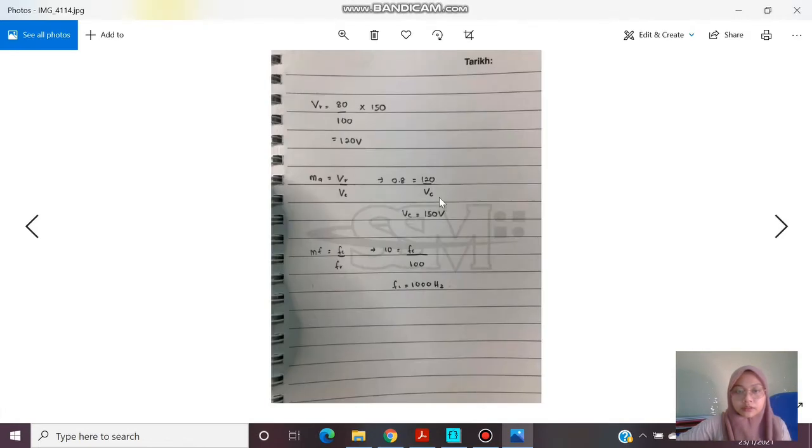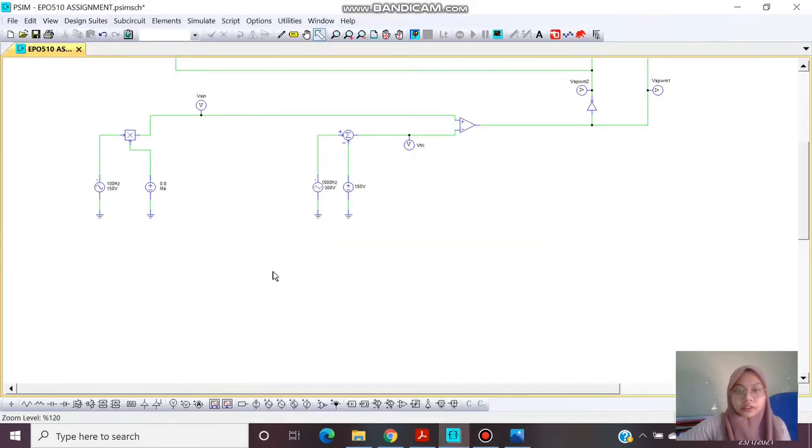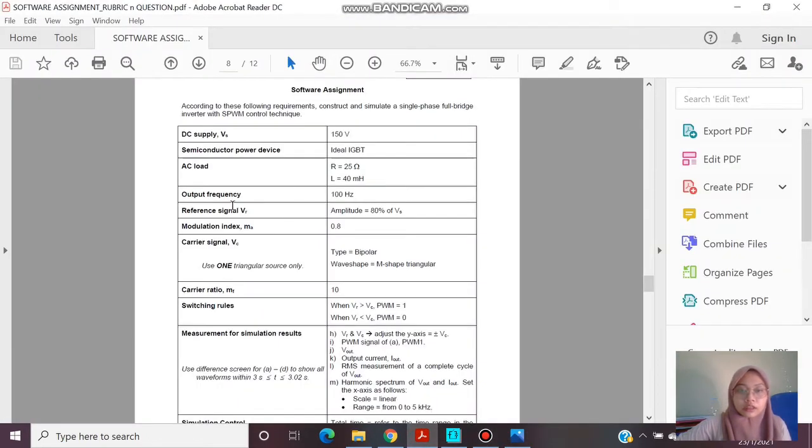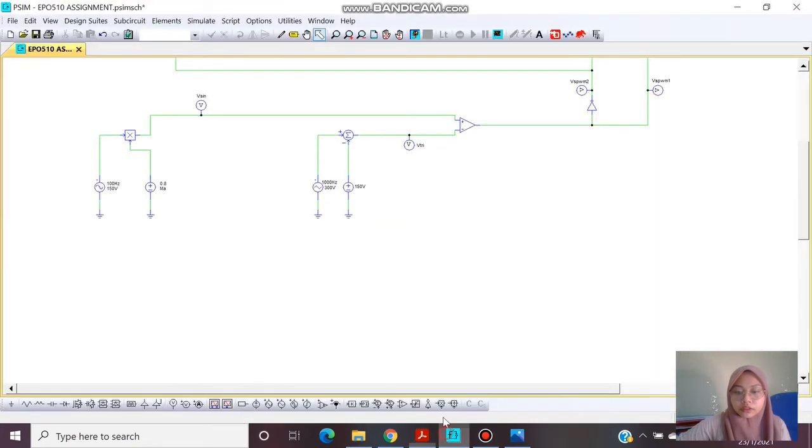From this calculation I got VC 150 volt, so I put it here. And 100 hertz is the output frequency, and then this is the modulation index 0.8.